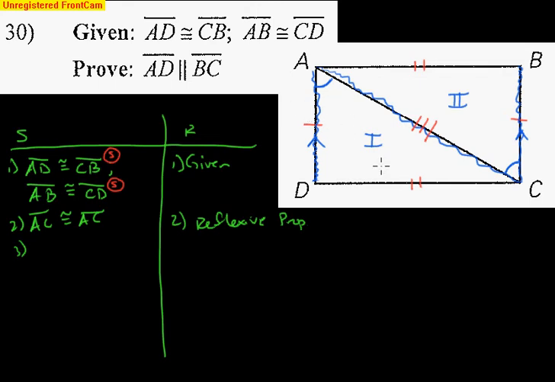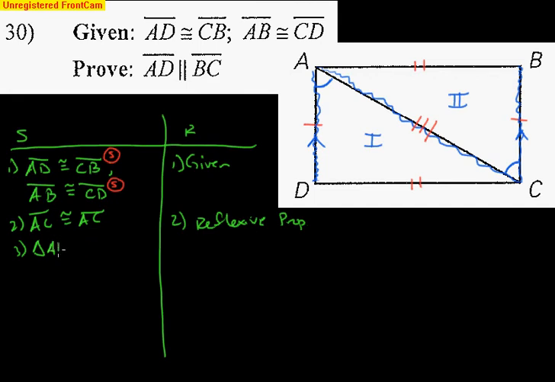So if you look, we have side, side, side, so we now know that triangle ACD is congruent to triangle... How about we name it a different way?